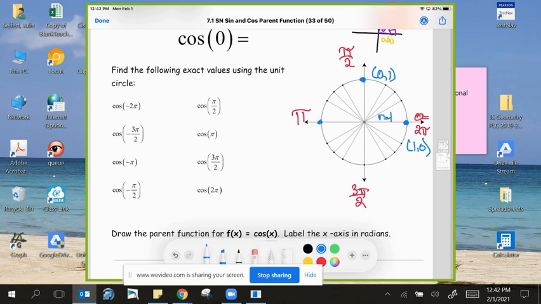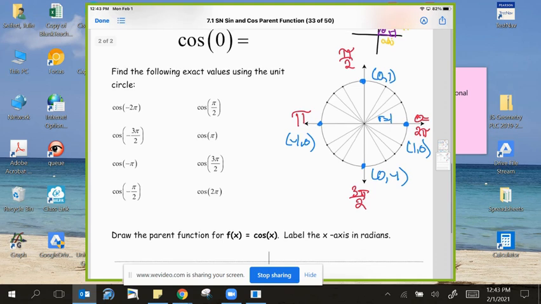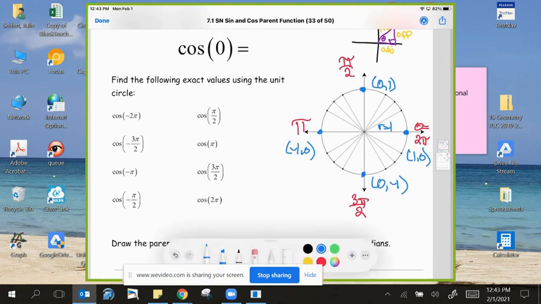Left would be what? Yes, negative 1, 0. On the bottom, 0, negative 1. So cosine is the x value.